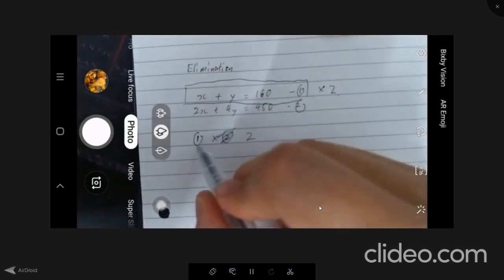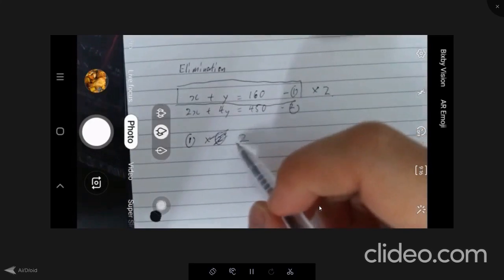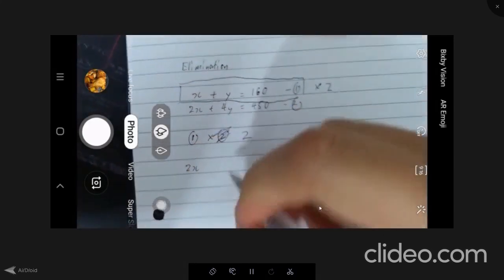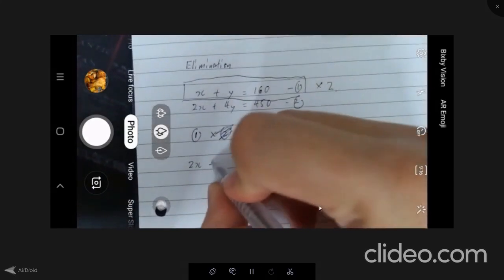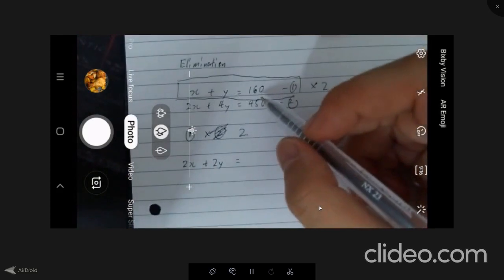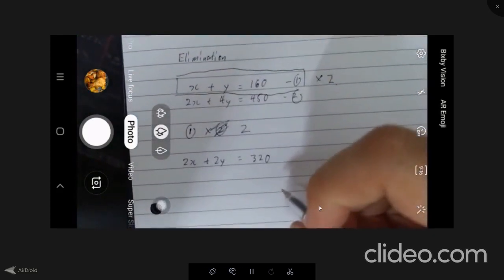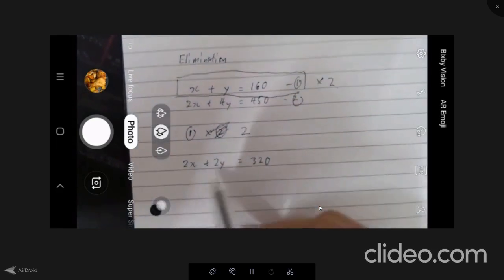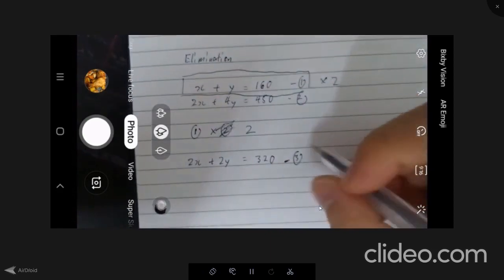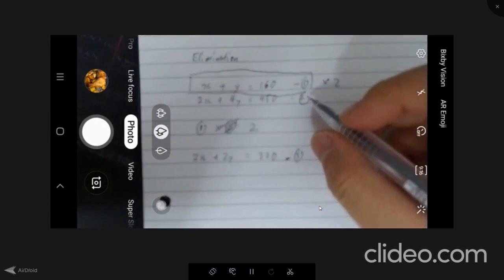So what happens when equation 1 times 2? x times 2 equals 2x. y times 2 is 2y. 160 times 2, we get 320. So with this we have 2x plus 2y equals 320, so we can call this equation 3.